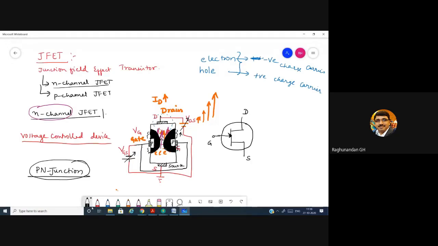My question was, why is the depletion layer towards the drain more compared to towards the source? Can anyone tell me?